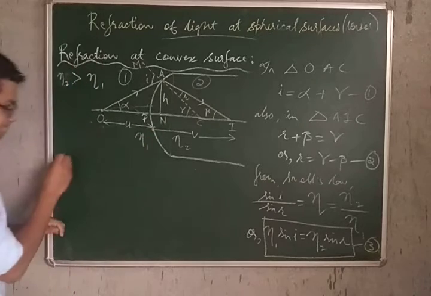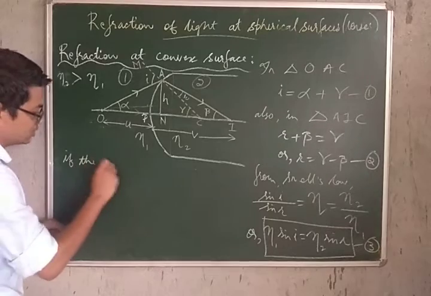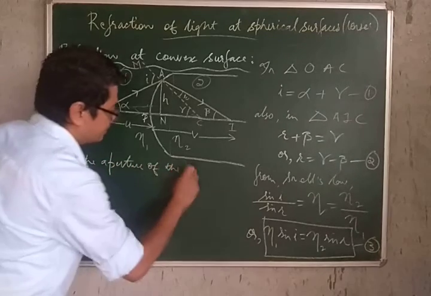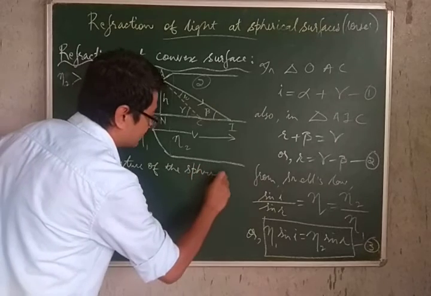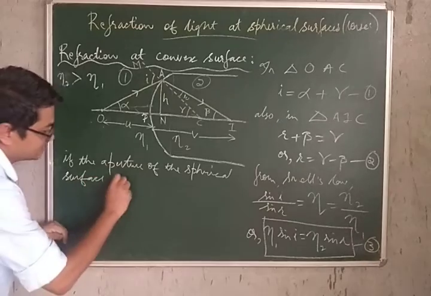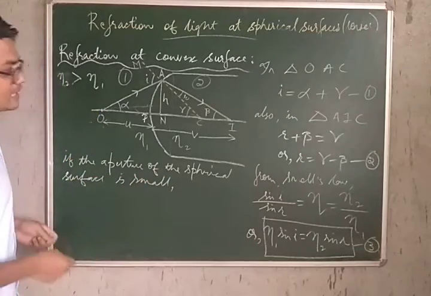Understood? So if the aperture of the spherical surface is small, then what can we write?